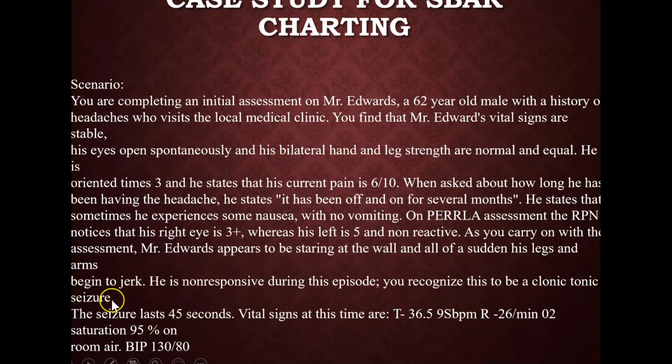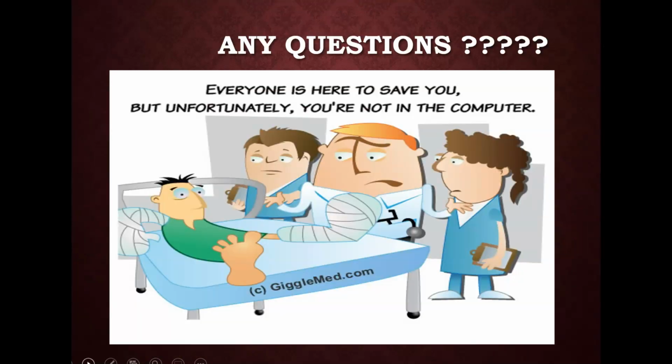He's having a tonic-clonic seizure, how long it lasted, and all your vital signs go under assessment. And then whatever you do for that particular patient is what your response is going to be. So that's how you do an SBAR.